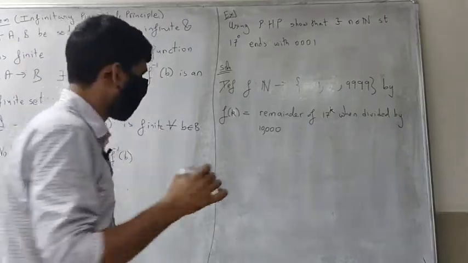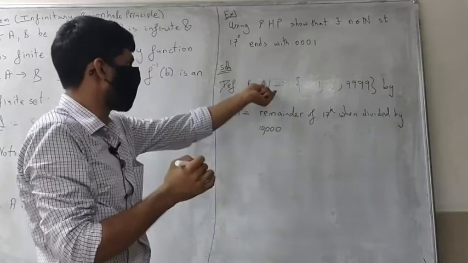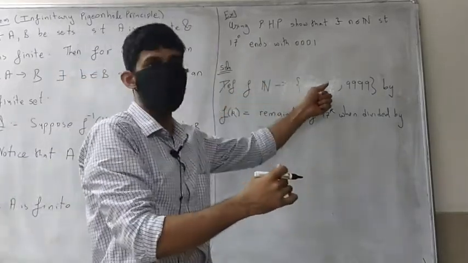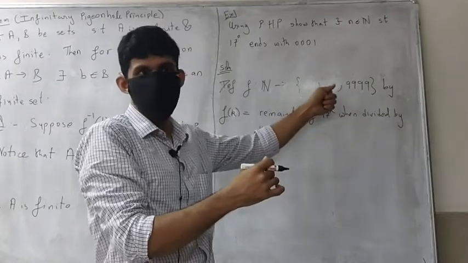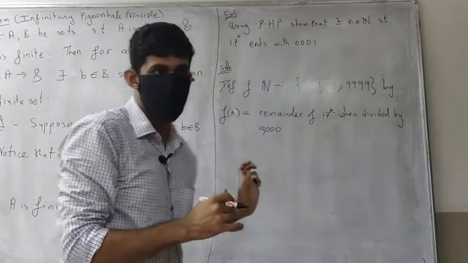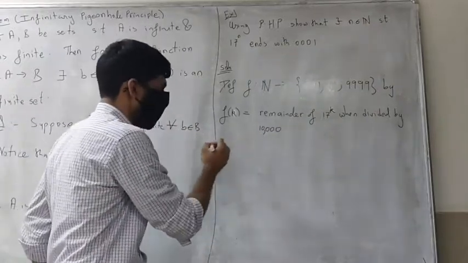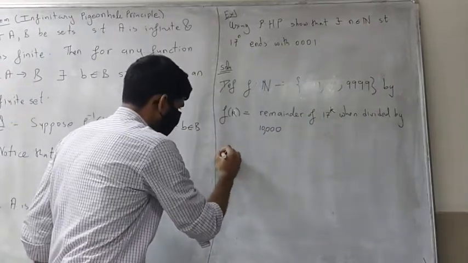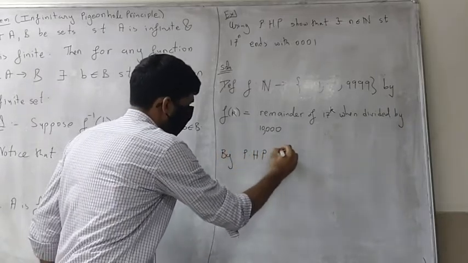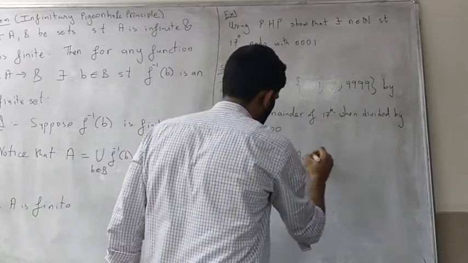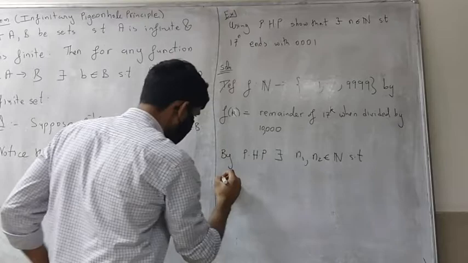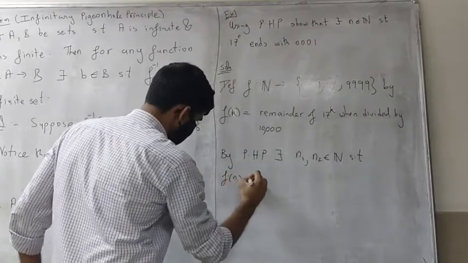I told you there is actually no use; I could just take one more element than 10,000. You could go from 1 to 10,001, it would still work. So use whatever version you want. By the pigeonhole principle, there exist some n1 and n2 in N such that f of n1 is equal to f of n2.